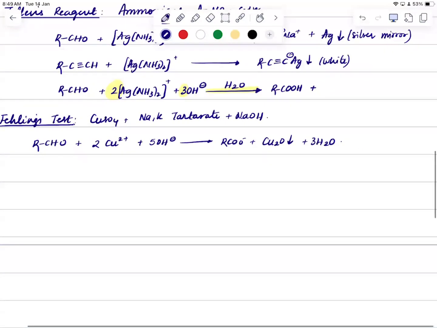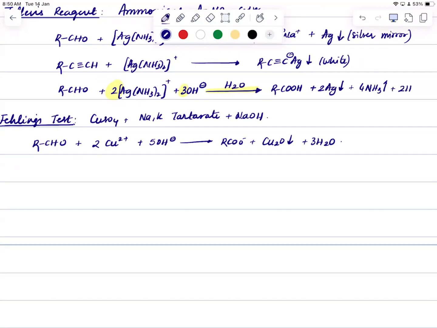If I use water, that is what you have to write: 2 moles of silver, 4 moles of ammonia, plus 2H2O. This will be the formation. Not vapors exactly, sorry, 4 moles of ammonia, which will exist this way. So do remember that.